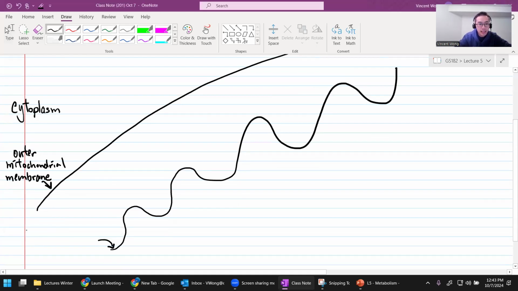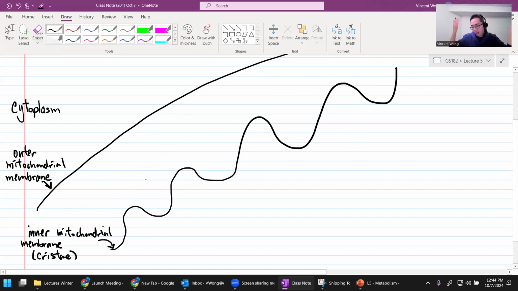This here is the inner membrane, which forms the cristae, the foldings. So what do we call the space here between the outer and the inner membrane?